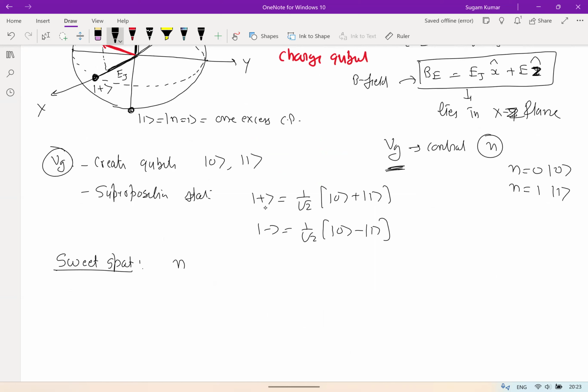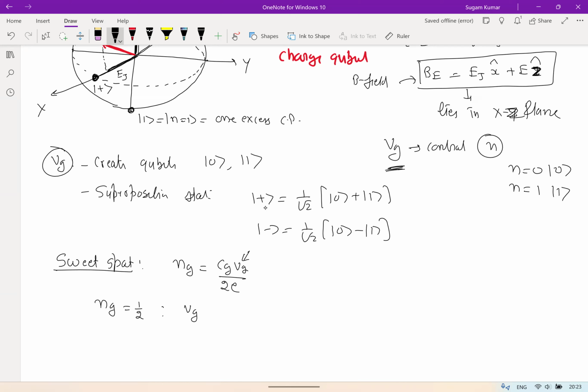Now see, this N_g is equal to C_g V_g upon 2e. And look, if I change the voltage in such a way that this N_g becomes equal to 1/2, this is very easily possible.